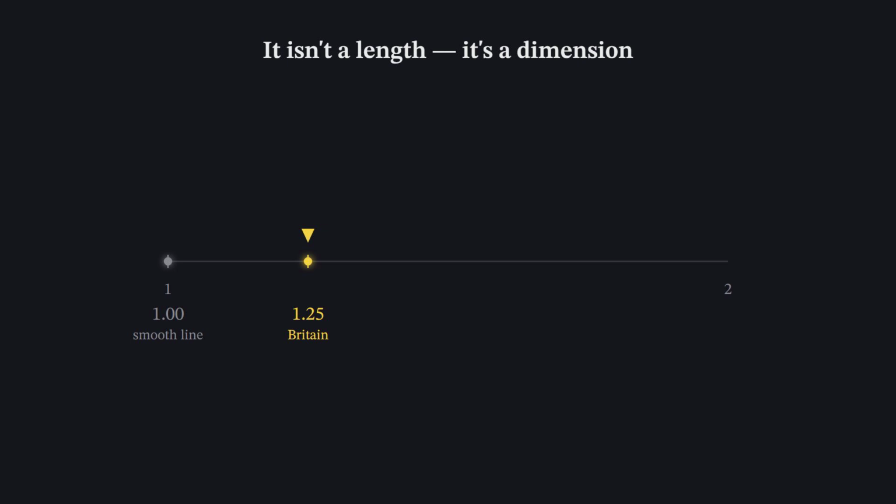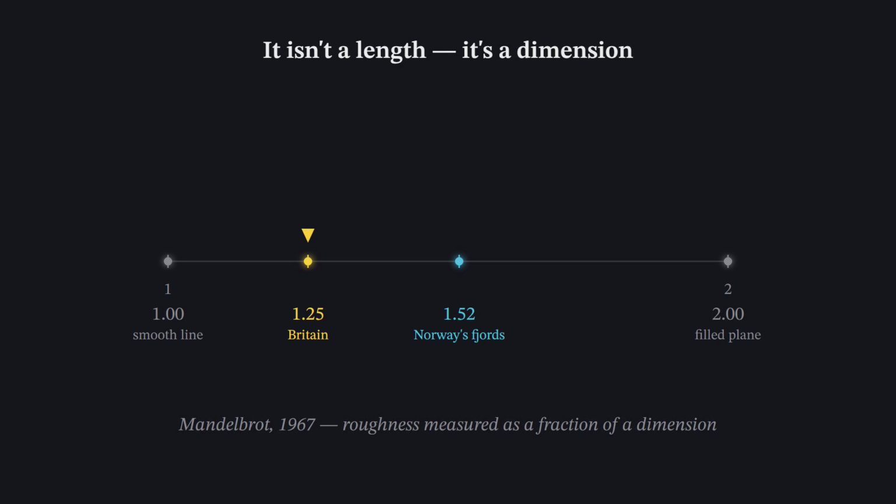A smooth line has dimension exactly 1. The wild, jagged coast of Britain has a fractal dimension of about 1.25. The rugged coast of Norway, slashed with fjords, is even higher, around 1.5. The number measures roughness itself, how aggressively the shape fills the space around it.